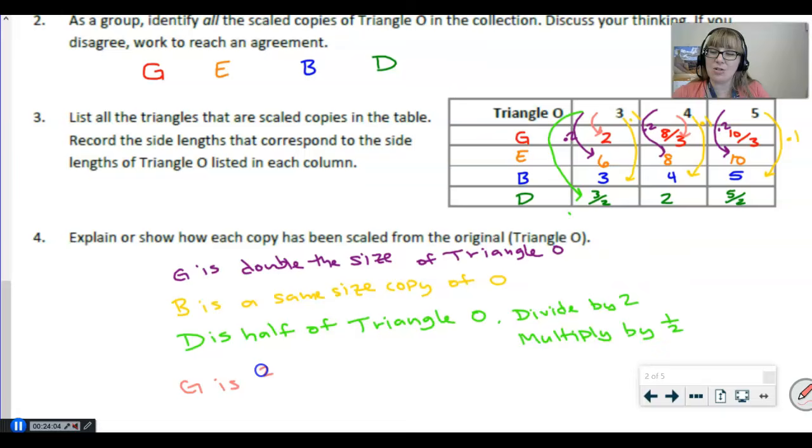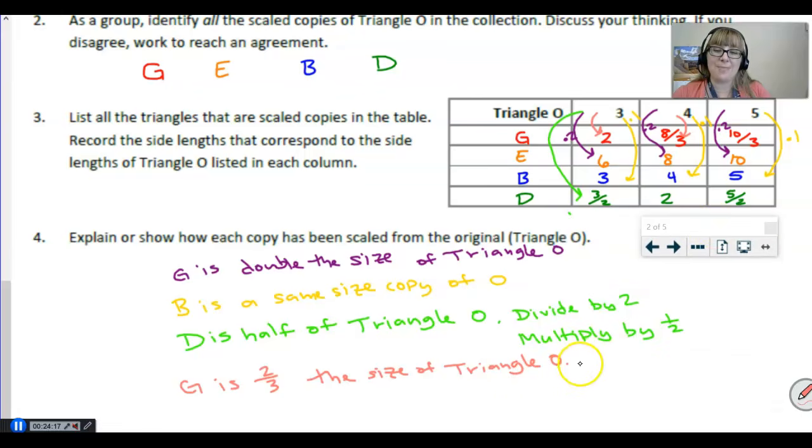G is 2/3 the size of triangle O. So that means what I'm doing is I am multiplying by 2/3.